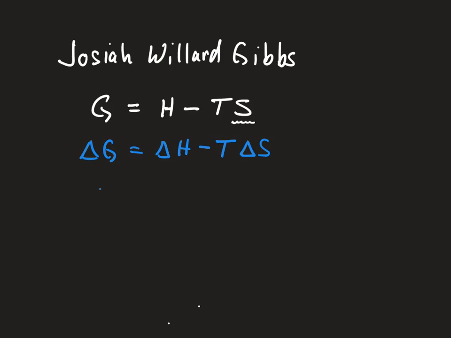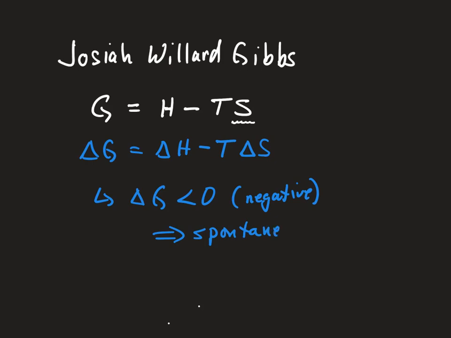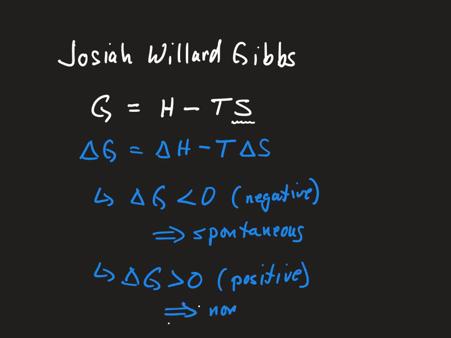And so if delta G is less than 0, that is negative, the process gives up overall free energy, and that is a spontaneous process. If delta G is greater than 0, that is, it is positive, then our reaction is non-spontaneous in the direction it's written, which would mean it would be spontaneous in the reverse direction.